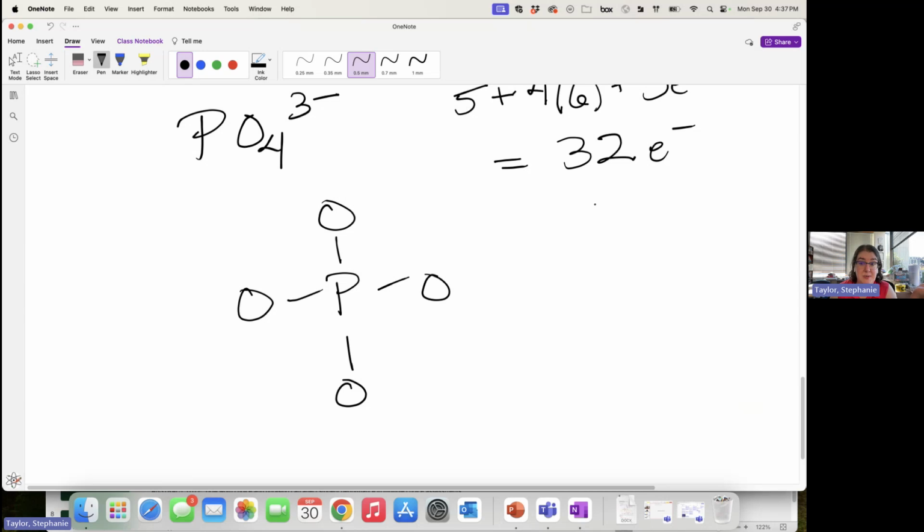Every atom in here has to be connected. So I'm giving those all single bonds to get started. I just placed 4. So I'm going to take away 8 electrons, going to give me 24 left over. So this is -8 in bonds. My next step is to fulfill octets. I'm actually just going to use my little marker here.